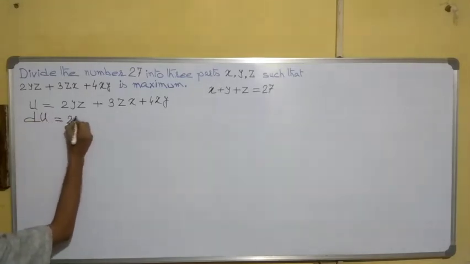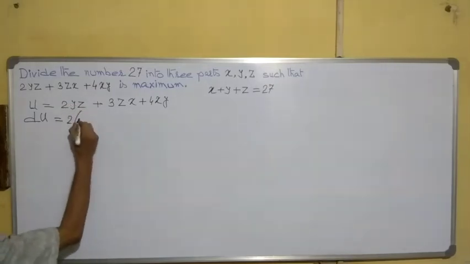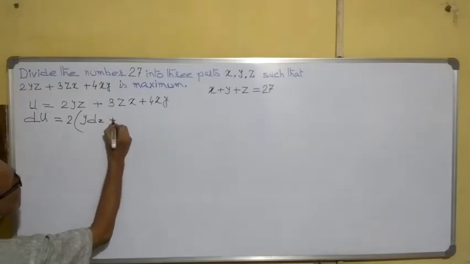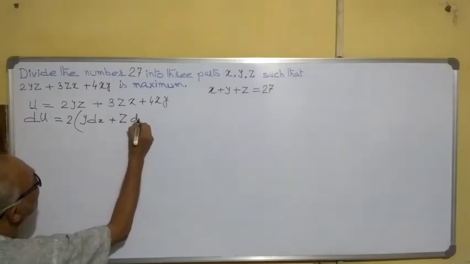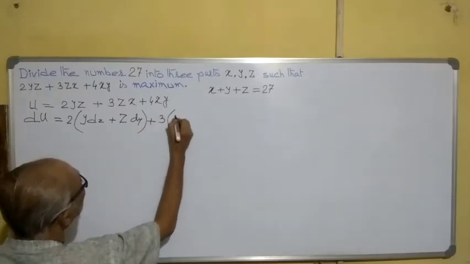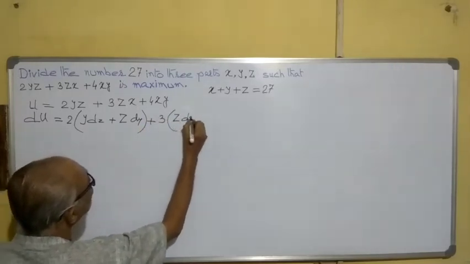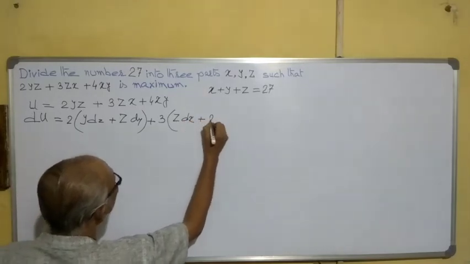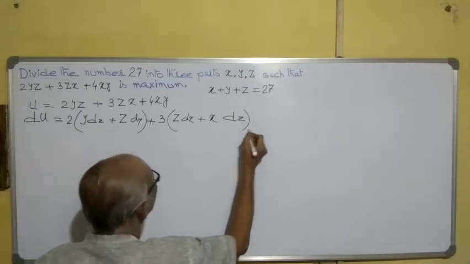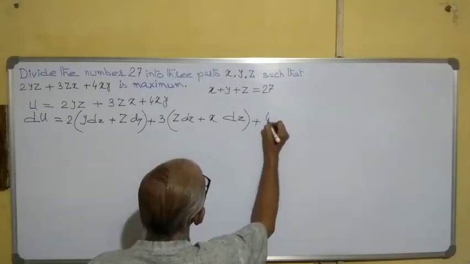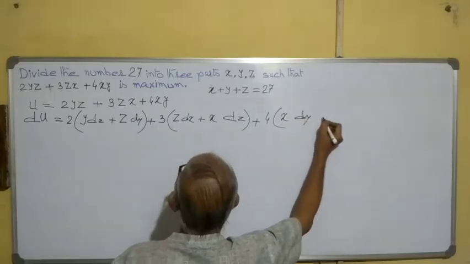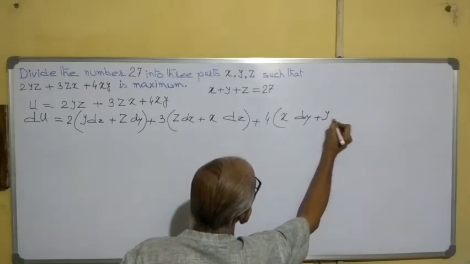du equals 2. Here it is a product, so y dz plus z dy, plus 3 z dx plus x dz, plus 4 x dy plus y dx.